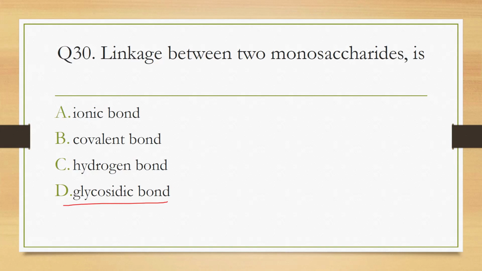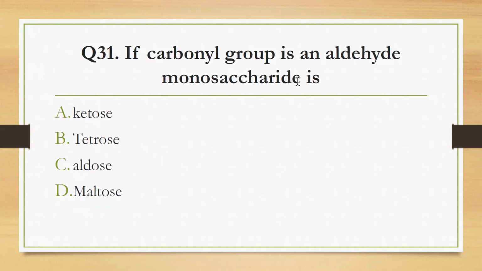Let's look at the next question. If the carbonyl group in a monosaccharide is an aldehyde, then the monosaccharide is called an aldose. And those that have a ketone functional group are called ketoses. So this one is called aldoses.